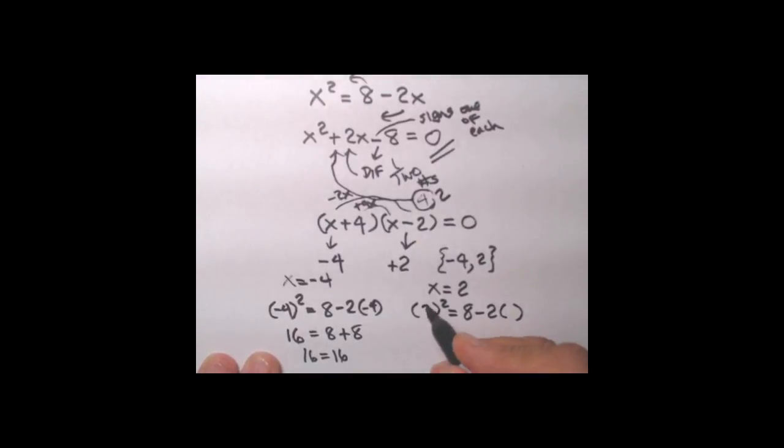Now, we think it's 2 this time. So here it is. What's 2 squared? Well, that's 4 equals 8 minus 2 times 2 is minus 4. Well, look at this. This works too. 4 equals 4.